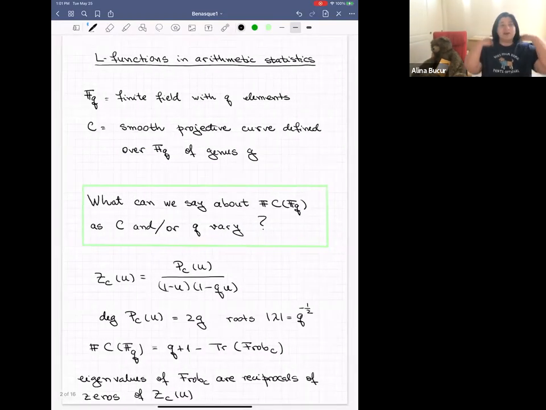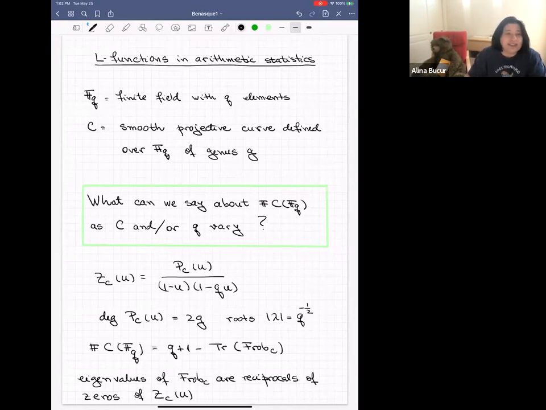So we are going to be talking about L functions in arithmetic statistics. I was given the task of talking about arithmetic statistics, and everything that Serre has done and every way that Serre has influenced it, and that's an impossible task. We would need months and months to just enumerate.